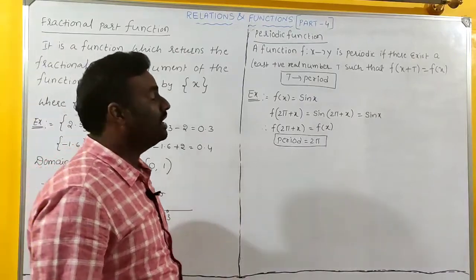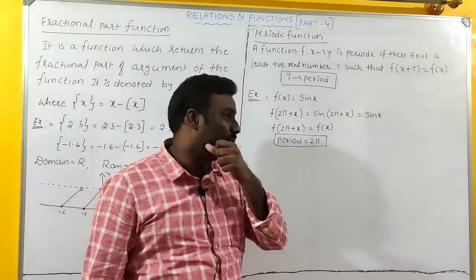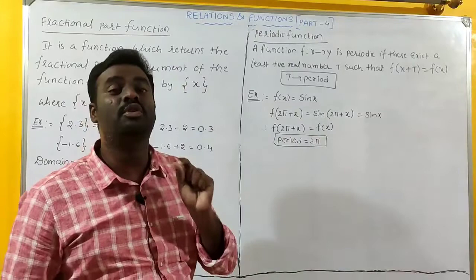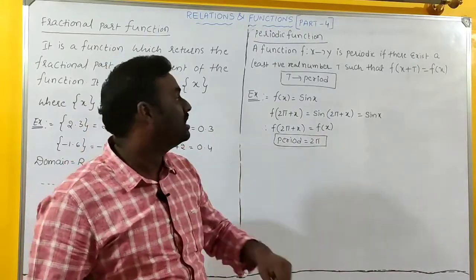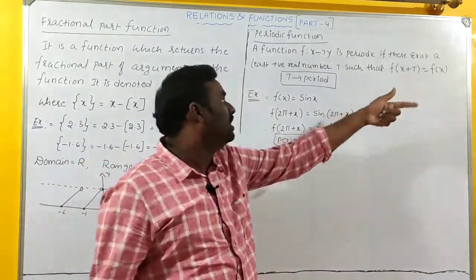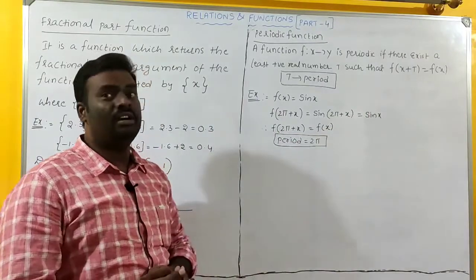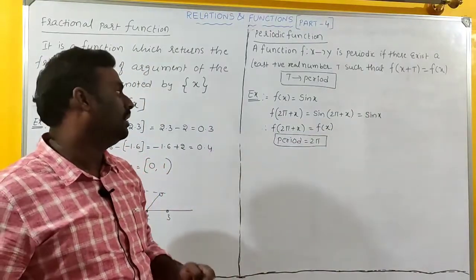A function f maps x to y is said to be periodic if there exists a least positive real number t, such that f of x plus t equals f of x, where t is called the period. Okay.